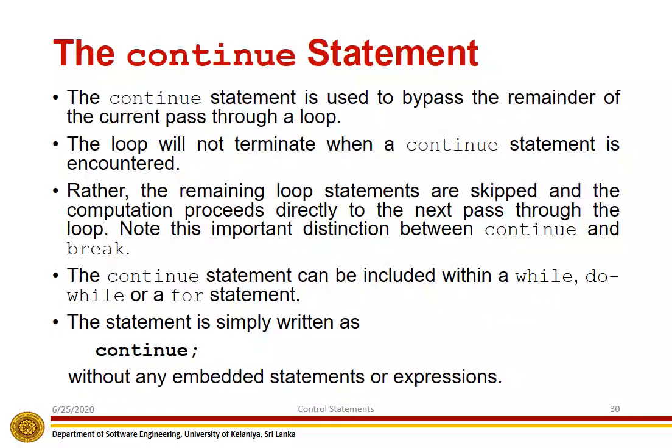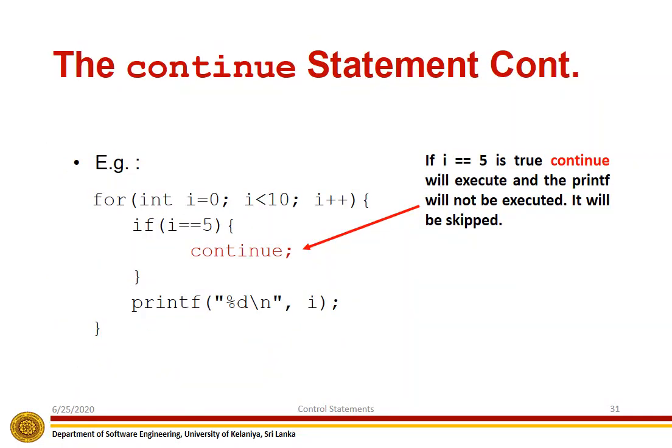Note, this is an important distinction between continue and break. The continue statement can be included within a while, do while, or a for statement. It is simply written as the keyword continue and a semicolon, without any embedded statements or expressions, like the break statement. So you can see an example for the continue statement here.